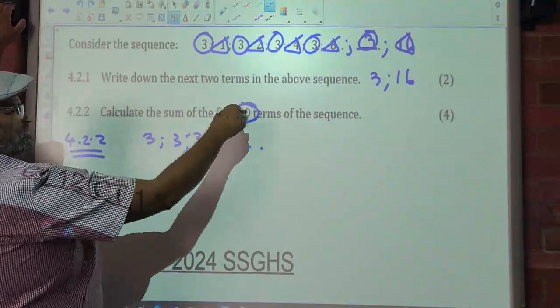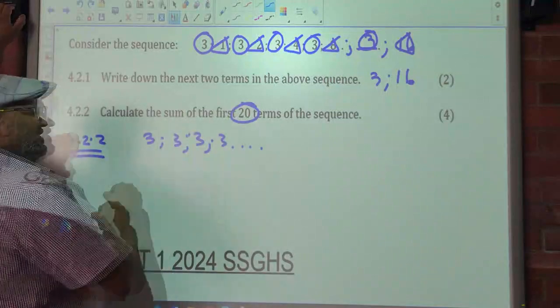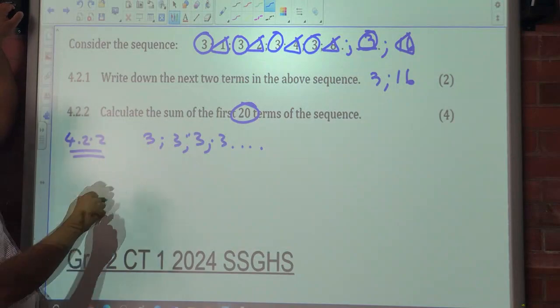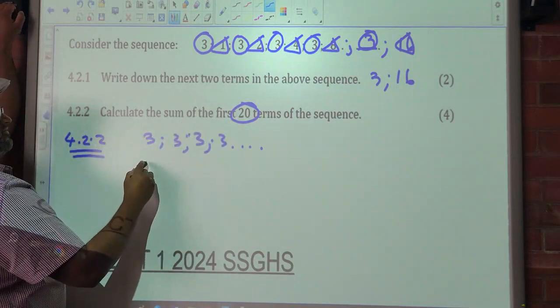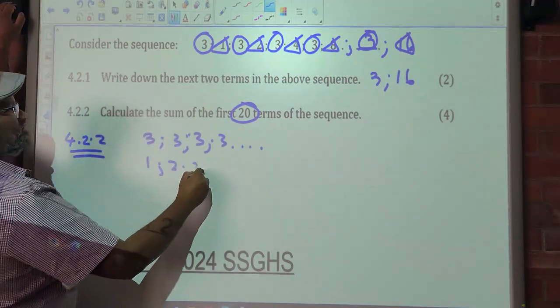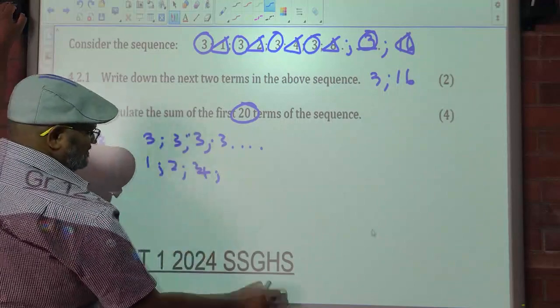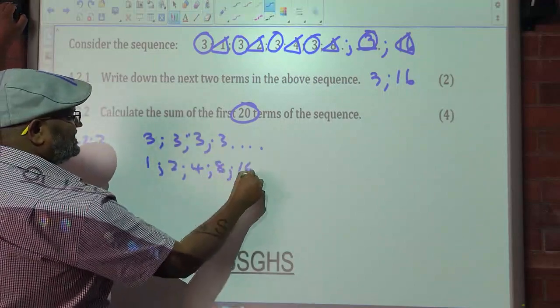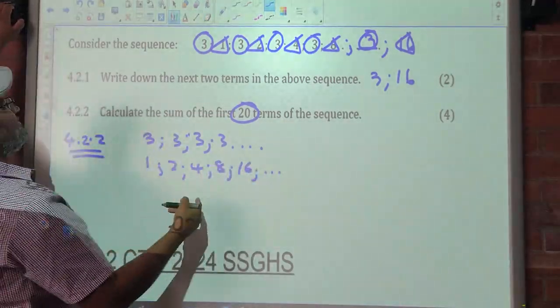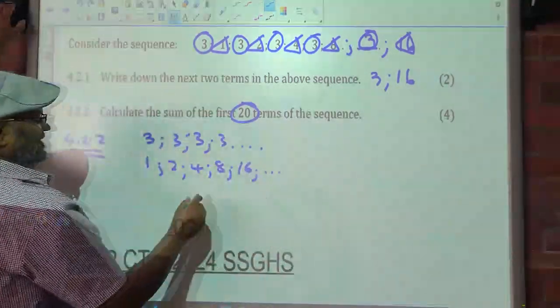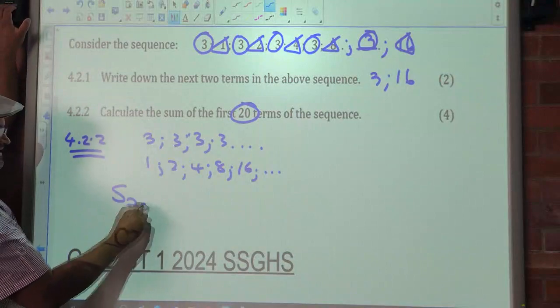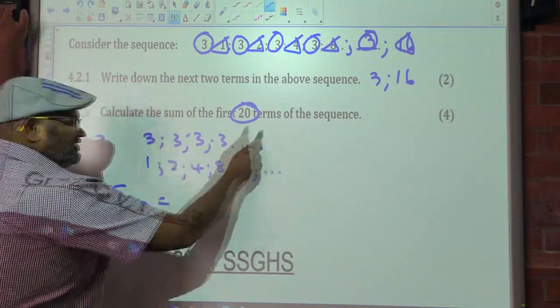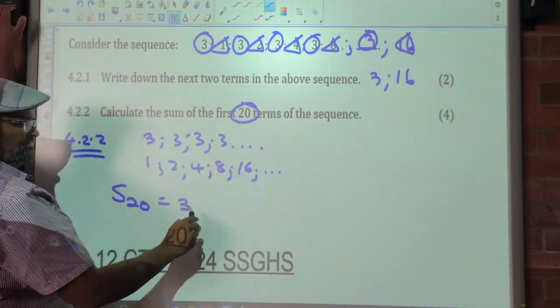There are 10 3s, not so? And then on the other sequence, we have 1, 2, 4, 8, 16. How many of them do you have? Also 10.